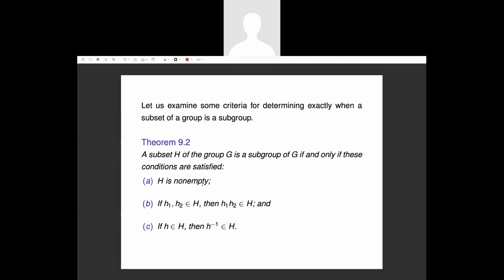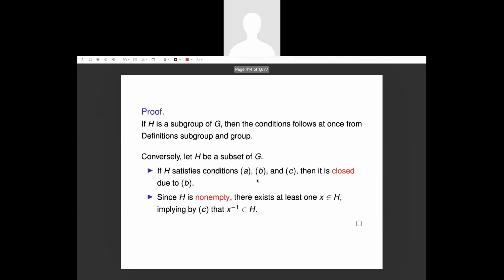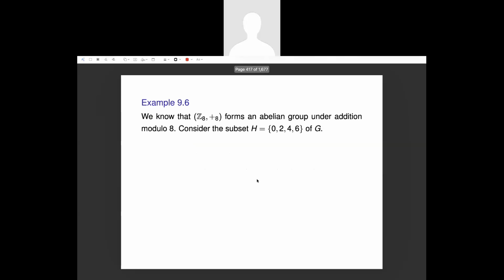One, H is non-empty. Two, if h1 and h2 are elements of H, then h1 h2 is an element of H, meaning H is closed. Three, the inverse of each element belongs to H. So H should be non-empty, closed under the binary operation, and every element's inverse should also belong to H. Then H is a subgroup of group G. I am not going to prove this because I already proved it earlier.